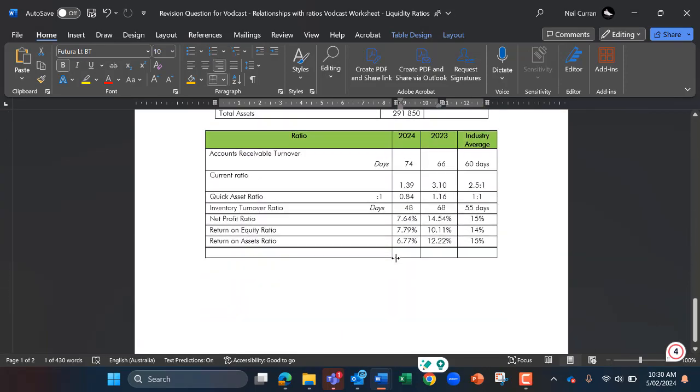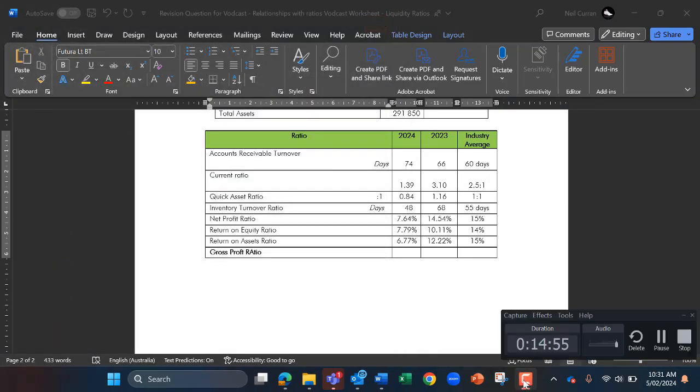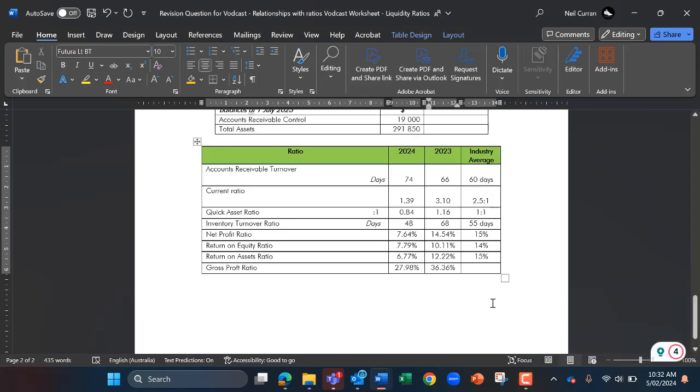So looking at these ratios, our net profit ratio has gone from 14 to 7, and our gross profit ratio, which isn't on there, has gone from 36.36% down to 27.98%.